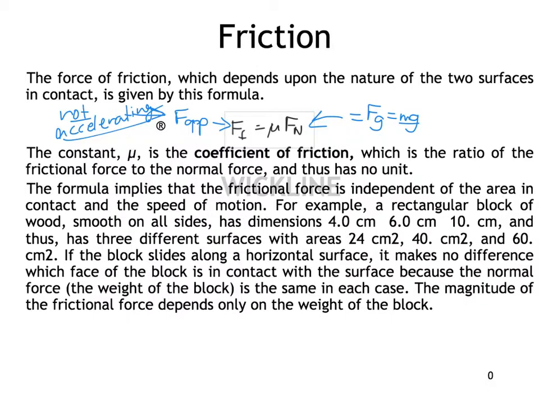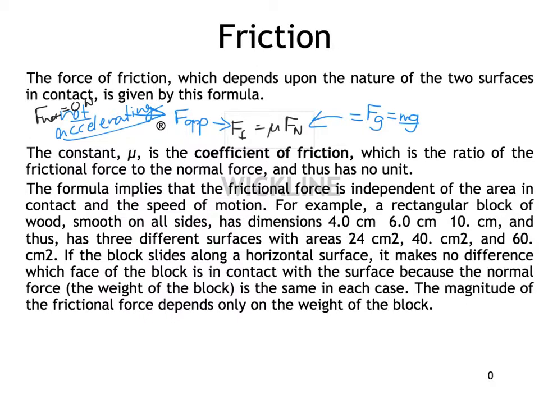The logic behind that, by the way, is that if it's not accelerating, then Fnet is 0 newtons, which means there's no acceleration. So if Fnet is 0, the applied force is equal to the frictional force. Sometimes they'll give you this information and you'll put it in for Fn, and sometimes they'll give you this information and you'll say that Fap is equal to Ff.